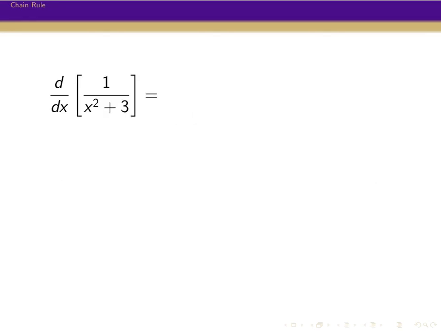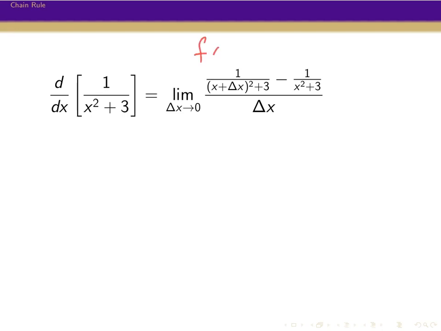Okay. So if we want to take the derivative of this, let's go back to our limit definition of derivatives. So we're looking at the limit as delta x goes to 0, and then plugging things in. This term right here, let's not use x, let's call that something else.